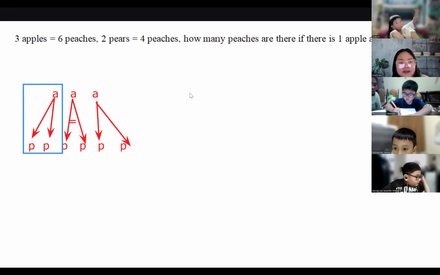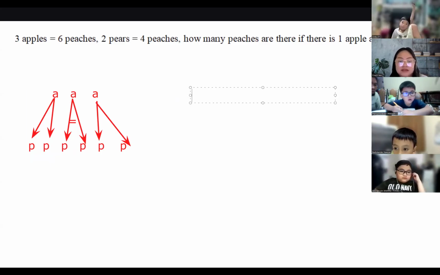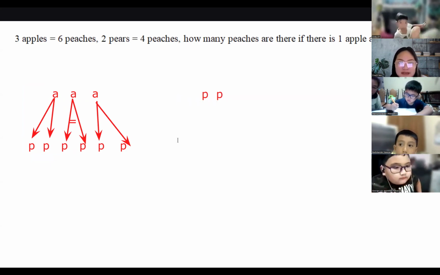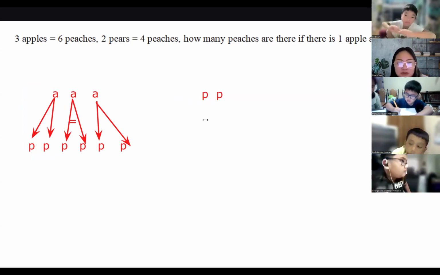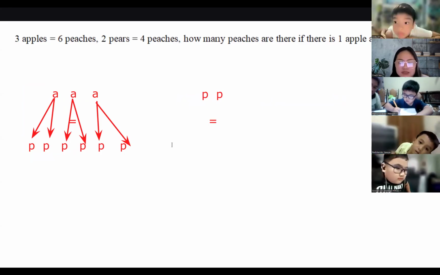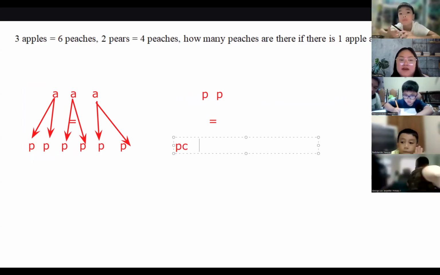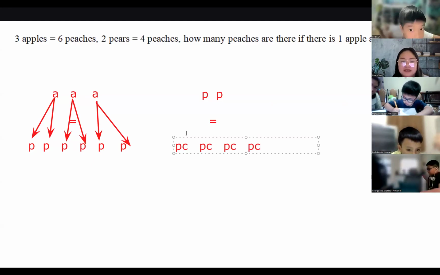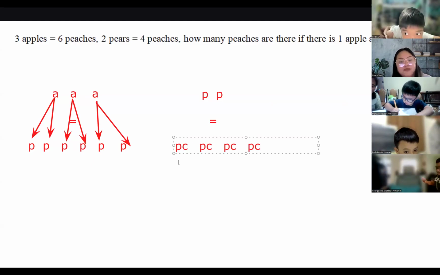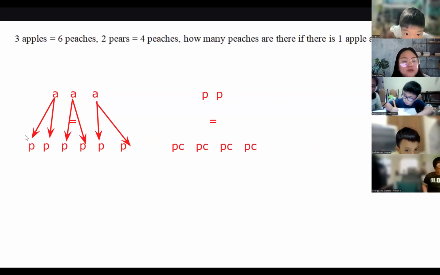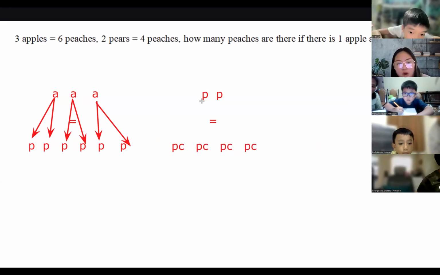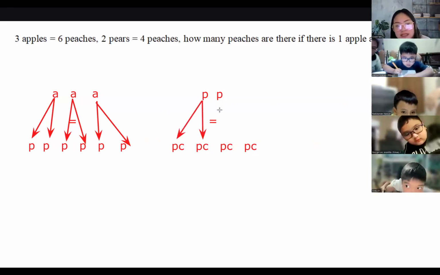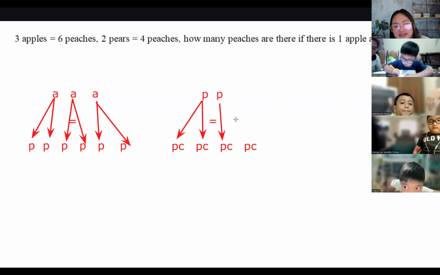It says here, two pears. So let's write P and P, which means pears, is equal to four peaches. PC means peaches. So if you also distribute the peaches to the pears, what do you get? One pear is distributed to two peaches, like this. See?